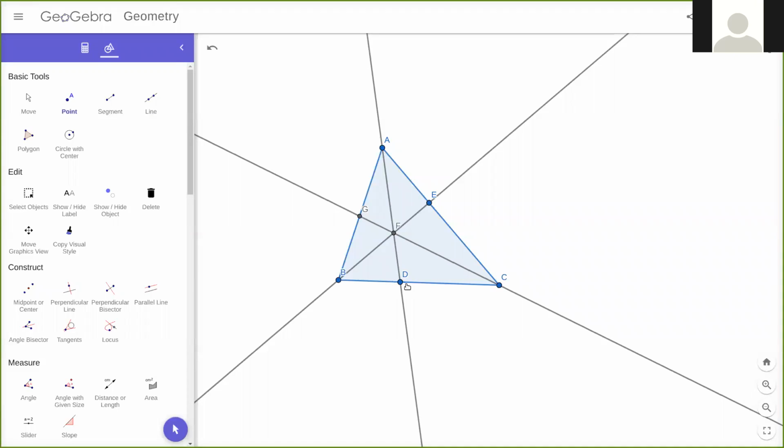We had that BD over DC times CE over EA times AG over GB is 1. So now that we have the law of sines, how can we change that into something regarding angles?